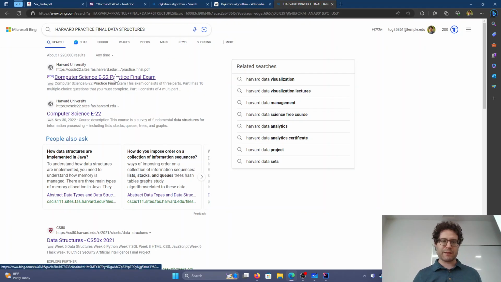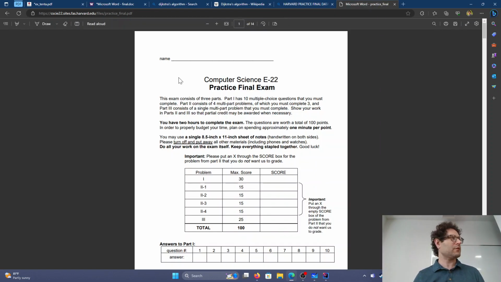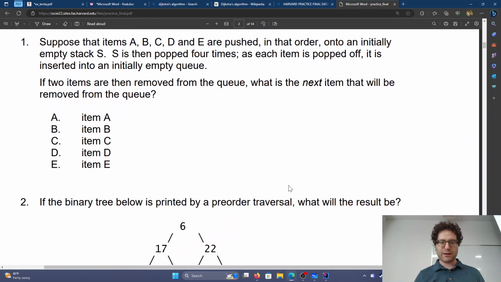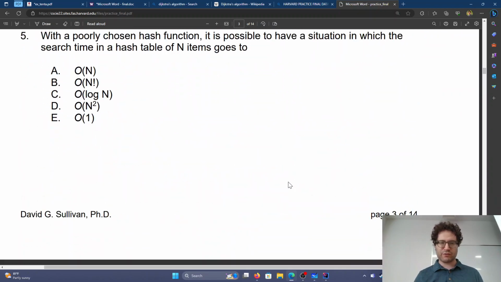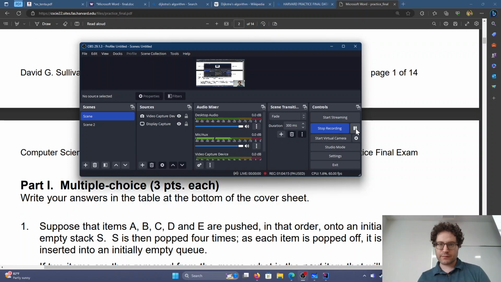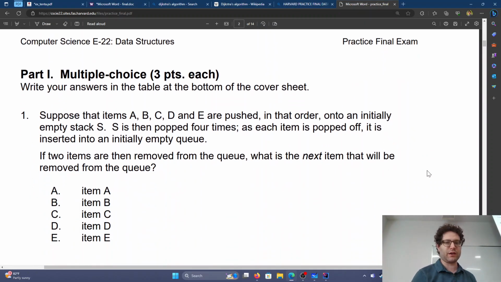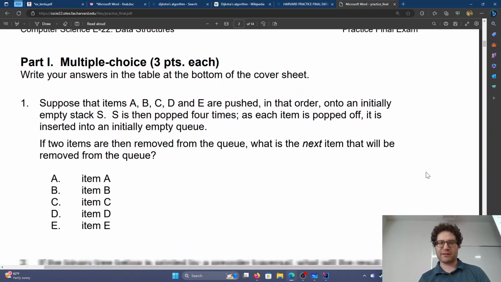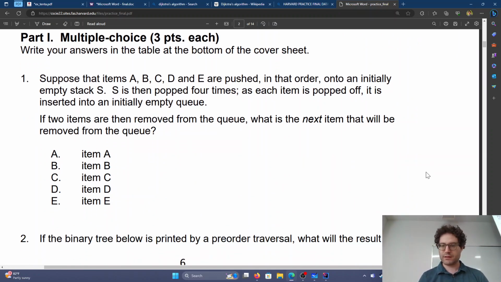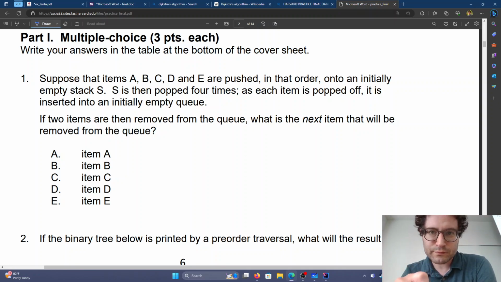Do we need to take a break beforehand? Okay. Let's take a brief break. I'm going to just make sure this is the correct one. Yes, it is the correct one. Okay, I'm going to try to go through this as quickly as possible because it seems wise. All right.